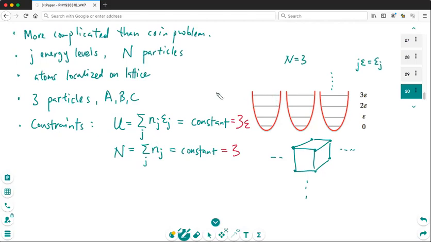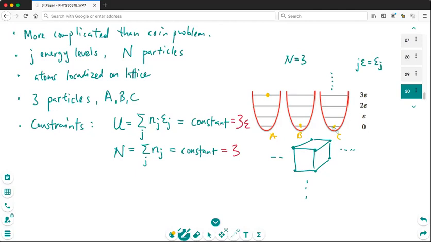You need to write down all the possible microstates. What are the possible microstates? So this is A, B, C. One possibility is I have my particle A here, and this is 3 epsilon. I will have no other energy for the other 2, so the other 2 have to be occupying the ground state. So this is one microstate.